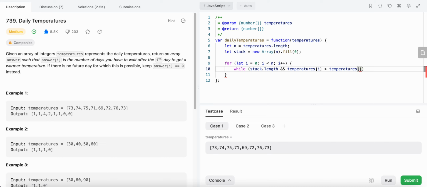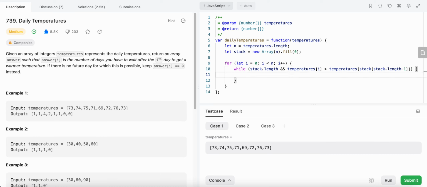The top of the stack has an index value for the temperatures array, right? So the index value is the stack at the top, at length minus 1. So this will give us the top of the stack, which gives us the index, and then is the temperature at that index less than the temperature at index i?